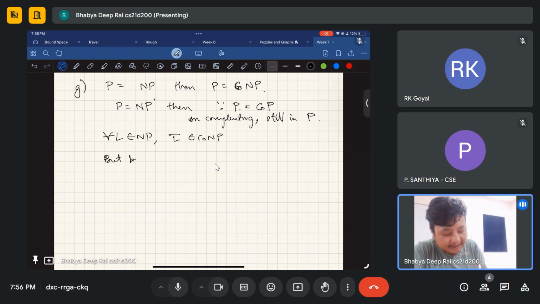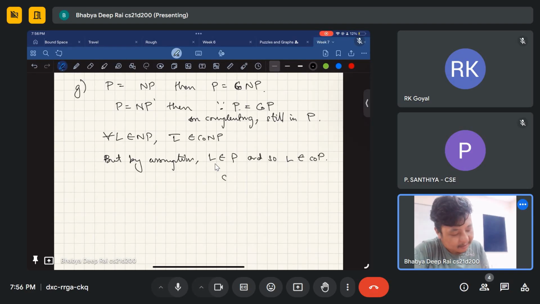But by assumption, L is in NP, L is in P, and so L is in coP also. So L complement is in coP, so L complement is in NP. Okay, so L is in coNP.